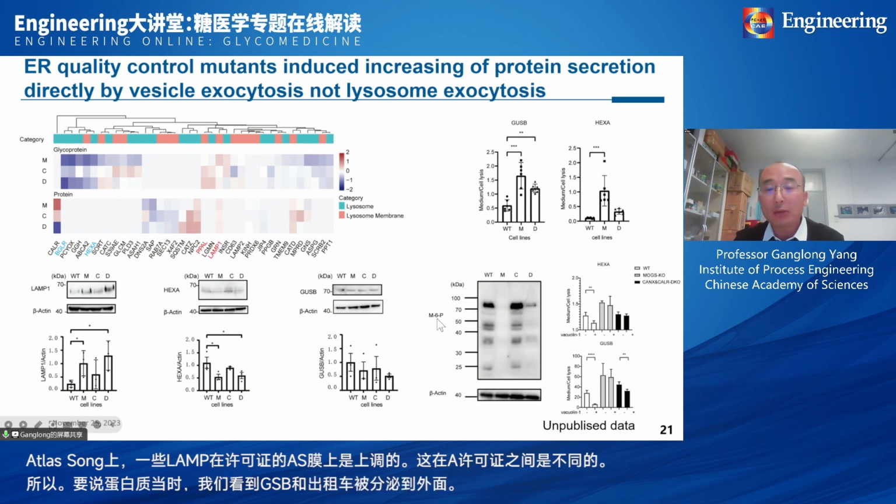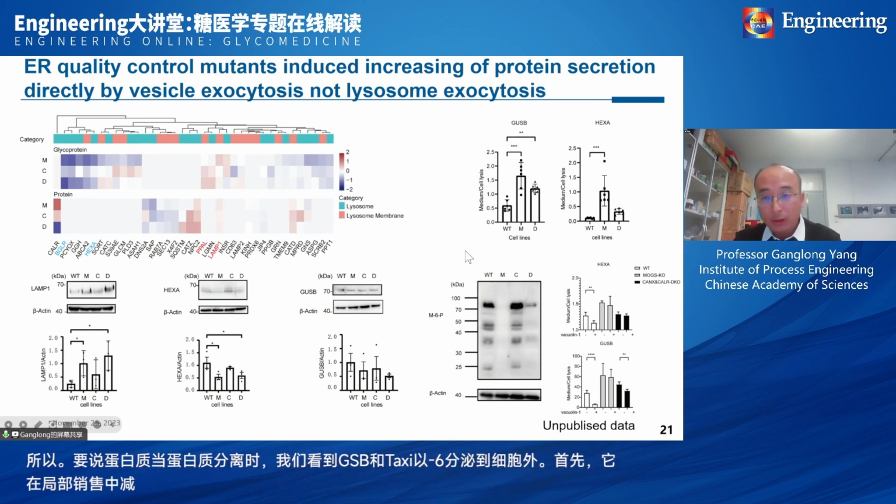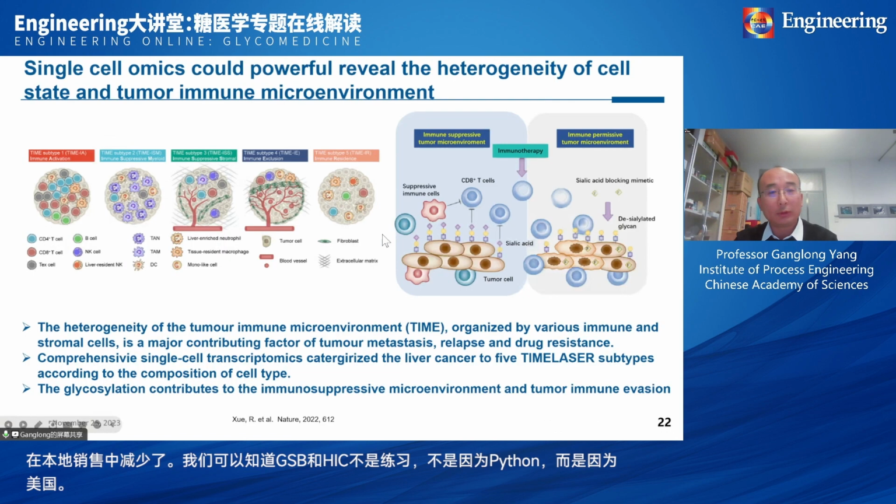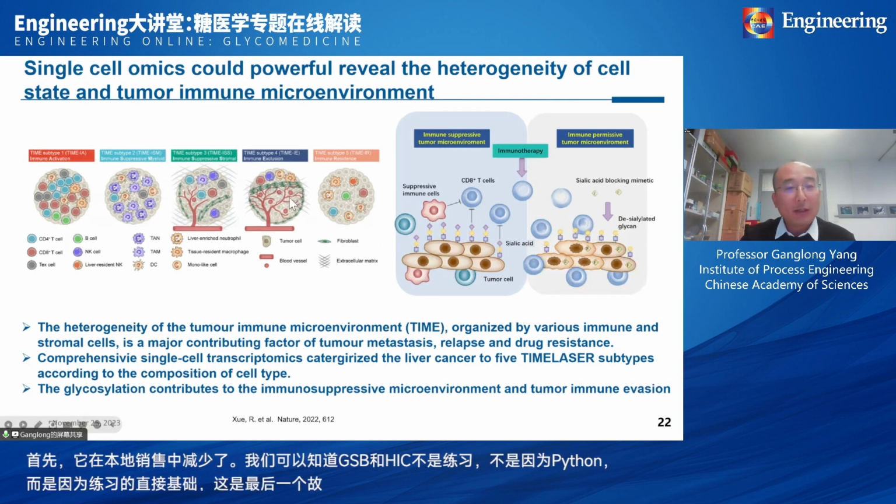With the mannose phosphate decreased in the knockout cell, we can know that the secretion of GUSB and HEXA was not because of the lysosome. It's because of direct vesicle exocytosis. So this is the story, and the last story is about single cell omics.